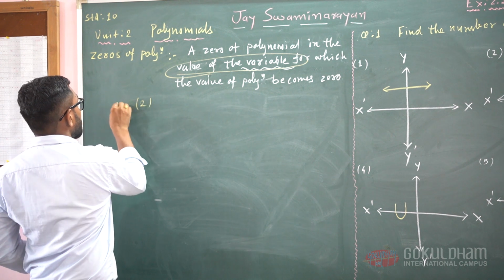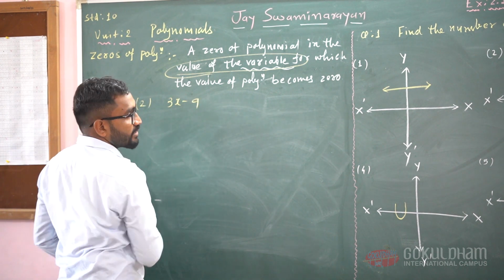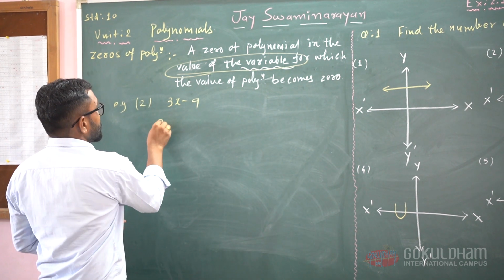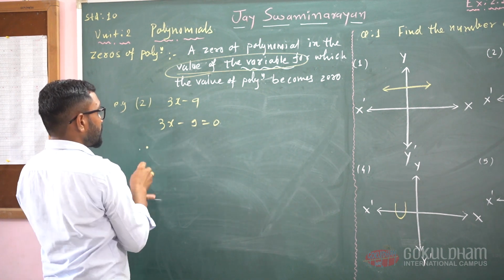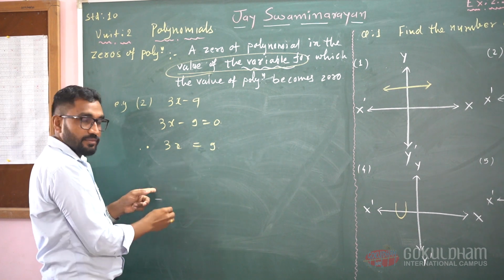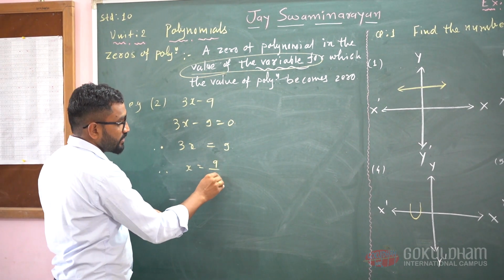Second example, 3x minus 9. Here 3x minus 9 equal to 0. Therefore 3x equal to 9 and therefore x equal to 9 by 3.